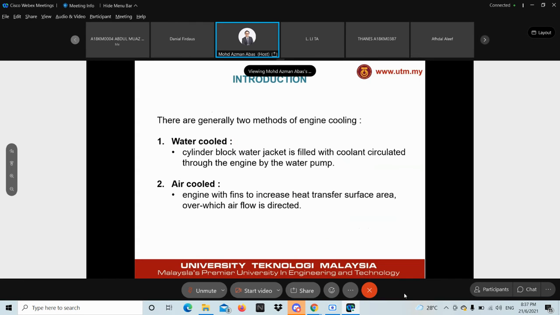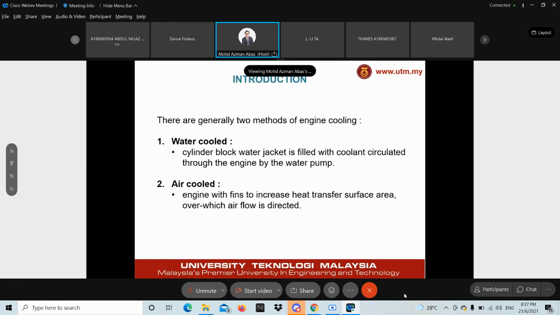So in other words, there are generally two methods of engine cooling. Of course, the one that we have covered just now is water cooling. The cylinder block water jacket is filled with coolant or antifreeze, circulated throughout the engine by the water pump. And another one is air cooling, which is typical in old cars and also some mopeds.